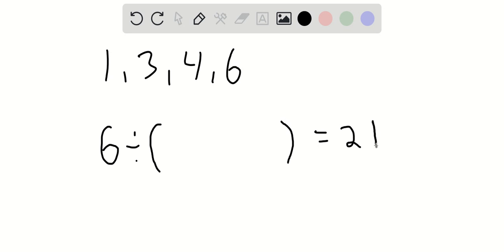So how can I use those 3 numbers, and how can I make this equal 24? Again, if you still haven't gotten this, I would tell you to pause the video. And now I think you are primed to crack this puzzle. All right. So 6 divided by what is 24? Well, 6 divided by 1/4 is 24. And how can we use 1, 3, and 4 to get to 1/4?